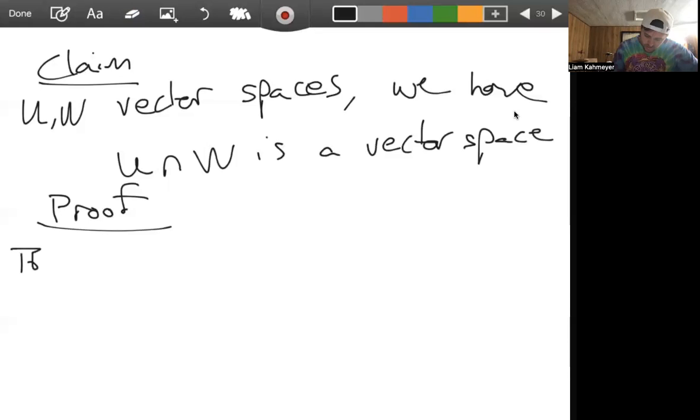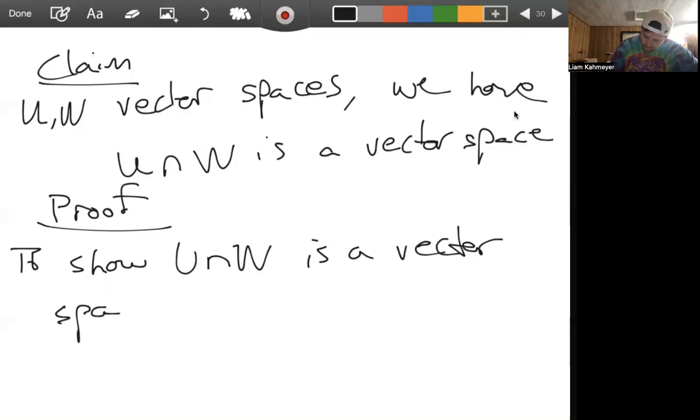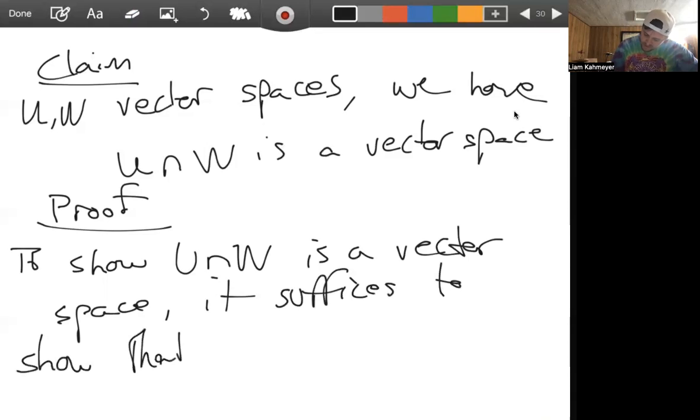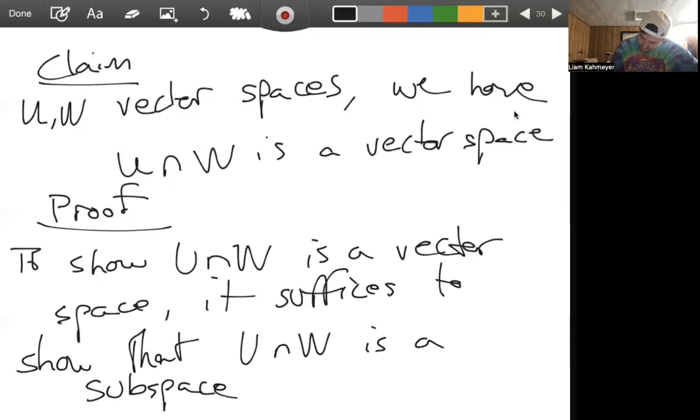To show U intersect W is a vector space, it suffices to show that U intersect W is a subspace of V. Because remember, these are vector spaces contained in V, and we learned and have proven actually that there's a one-to-one correspondence between subspaces and vector spaces, right?